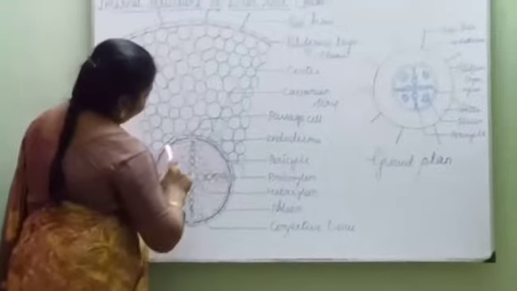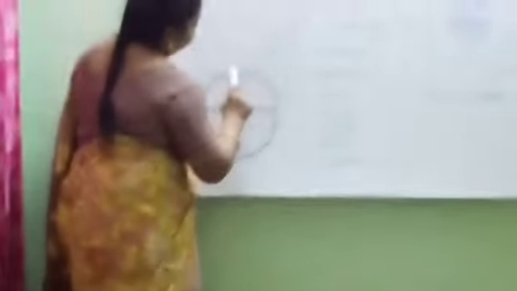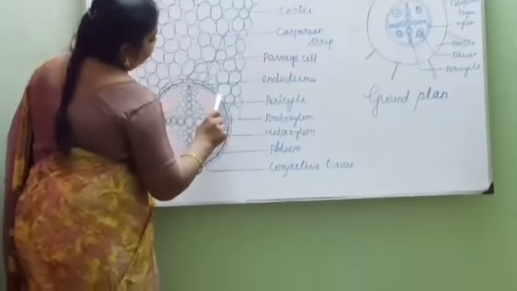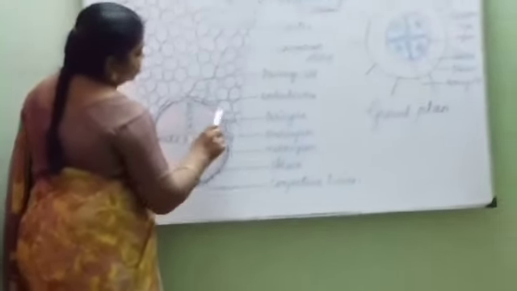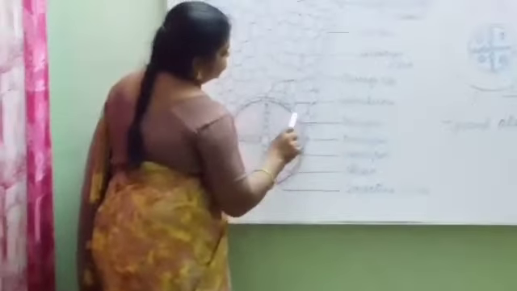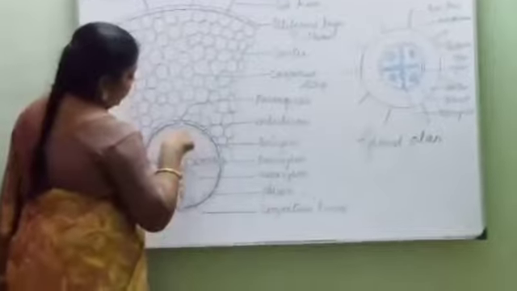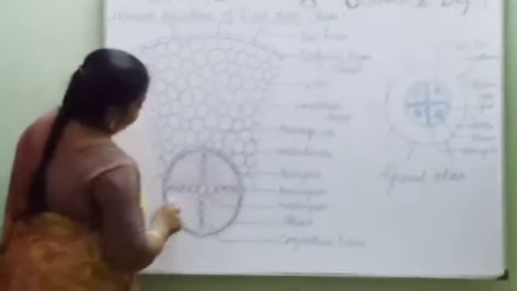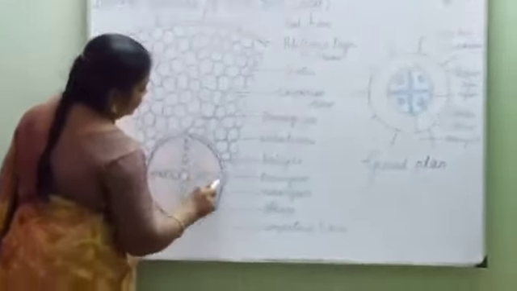The thin stripes present near the endodermis are called Casparian stripes. Caspary invented the stripes. The main function of Casparian stripes is to prevent the re-entry of water into the cortex once water enters into xylem tissue.